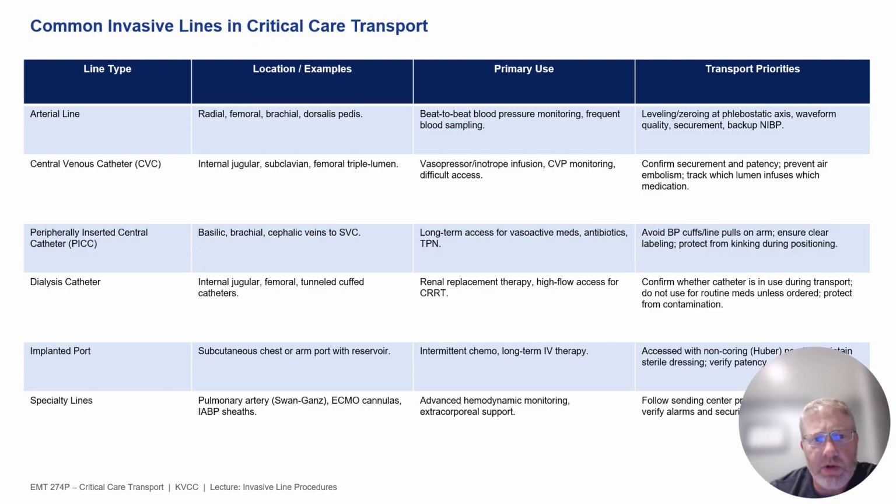Implanted ports are accessed with a Huber needle and require sterile technique. And then you've got specialty lines like PA catheters, pulmonary artery catheters, ECMO cannulas, and IABP sheaths. Always follow the hospital's protocols. Don't reposition anything, just protect them.